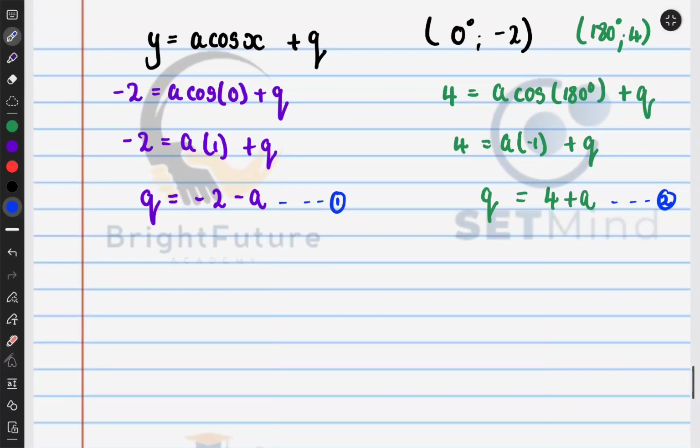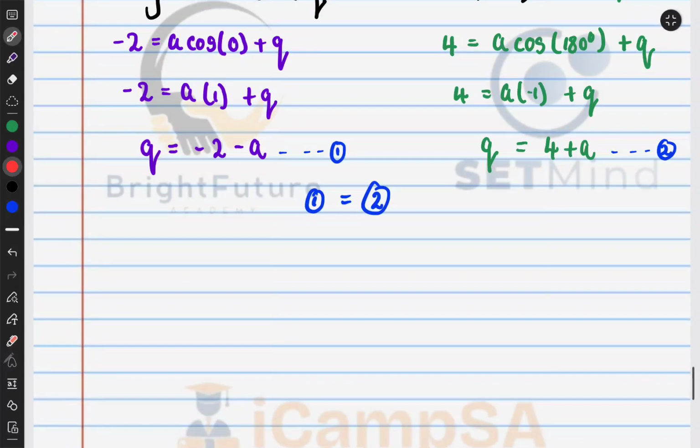You equate the two equations since they are both equal to q. Equate equations 1 and 2. We're going to have negative 2 minus a is equal to 4 plus a.